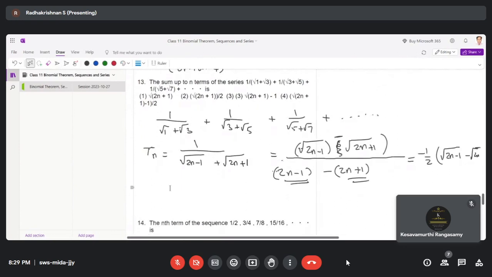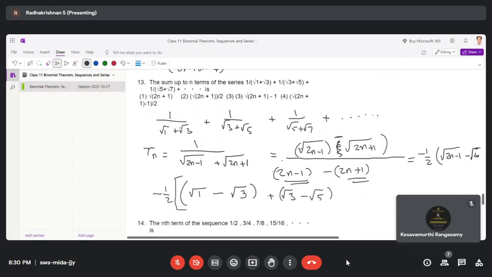Actually, this kind of series is minus half into root of 1 minus root of 3. I can take out the minus, but let's leave it like that. Root 1 minus root 3 is the first term. The second term will be root 3 minus root 5.